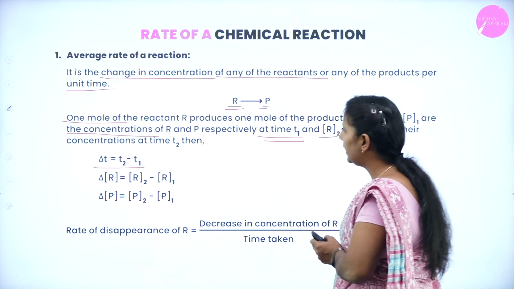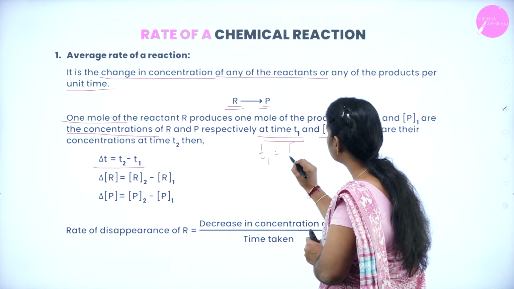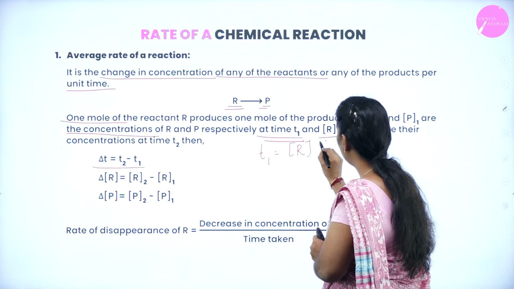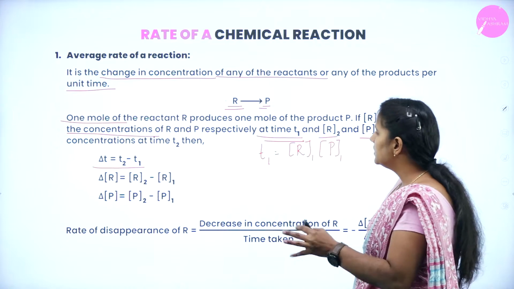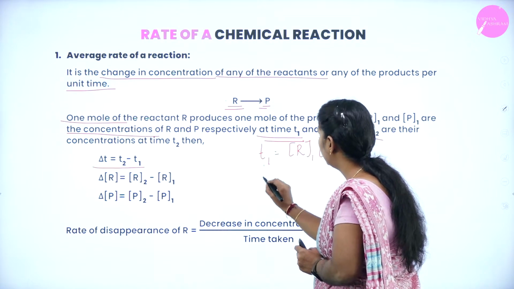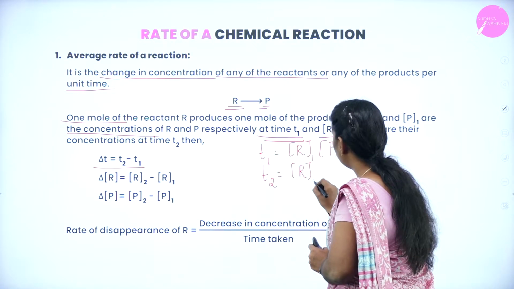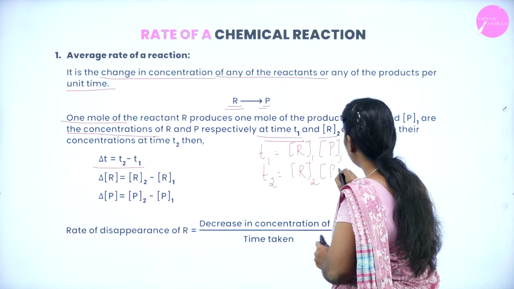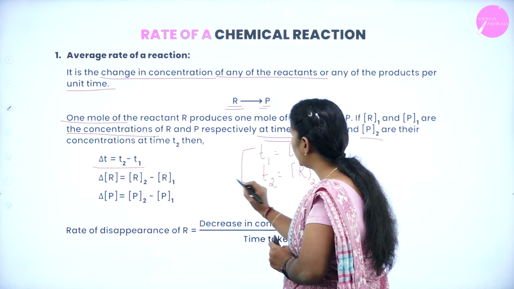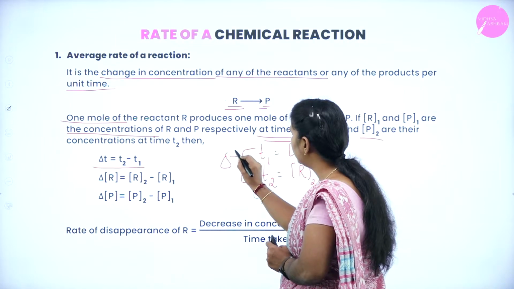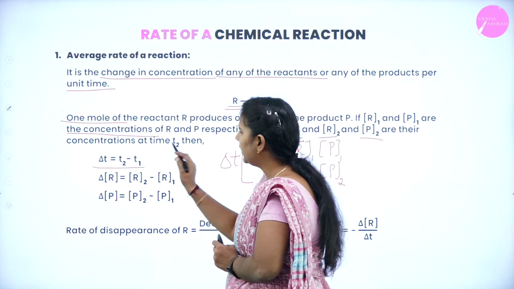So what is T1 here? T1 is the time at which the concentrations of the reactant and the product are R1 and P1. Similarly, T2 is the time at which the concentrations are R2 and P2. I want to find the difference between T1 and T2, and that is given by delta T. Delta T is equal to T2 minus T1.